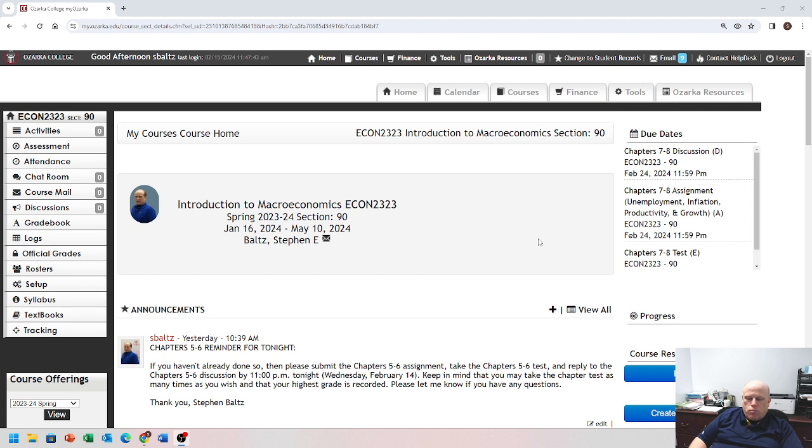Just to refresh your memory, aggregate expenditure components are consumption, investment, government spending, and net exports, which are basically exports minus imports. And some of you listed those, but you didn't actually explain each one. So I wanted you to go through and actually define each one of those, because it is important to understand what we mean by consumption, what we mean by investment, and so forth.